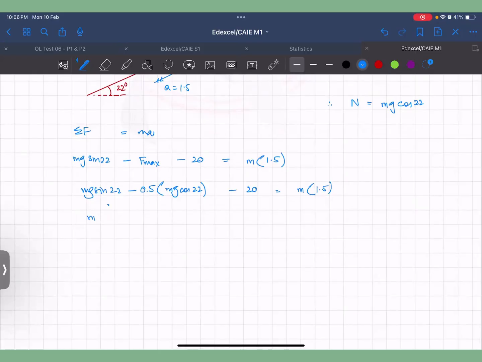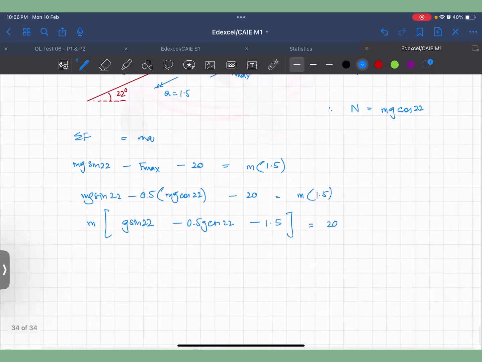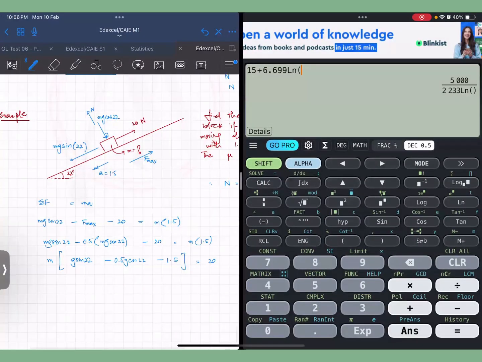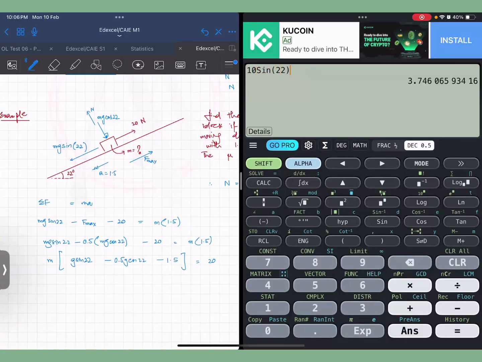If you take m common, this becomes g sine 22 minus 0.5 g cos 22 minus 1.5 equals 20. If I have made the question correct, which looks right now, otherwise I'll have to change the values. So g sine 22 would be 10 sine 22 minus 0.5 times 10 cos 22.